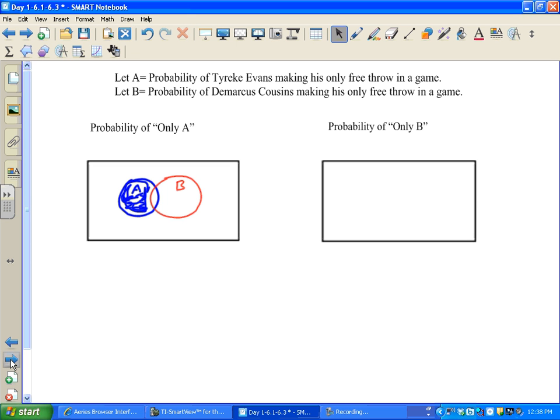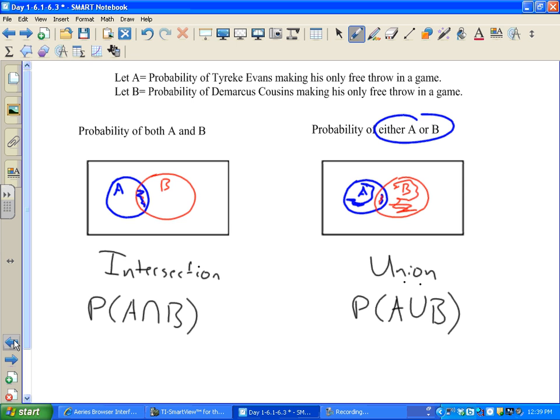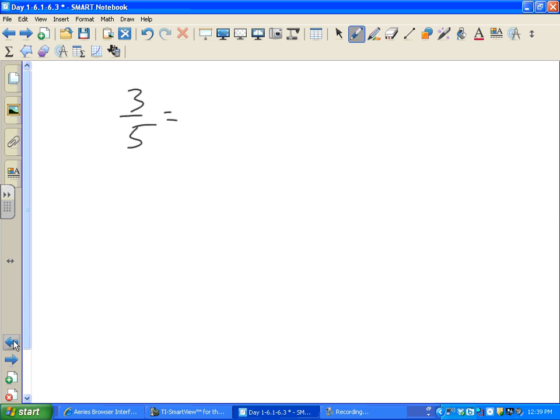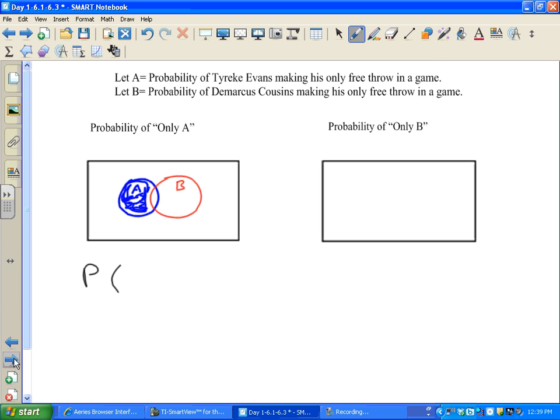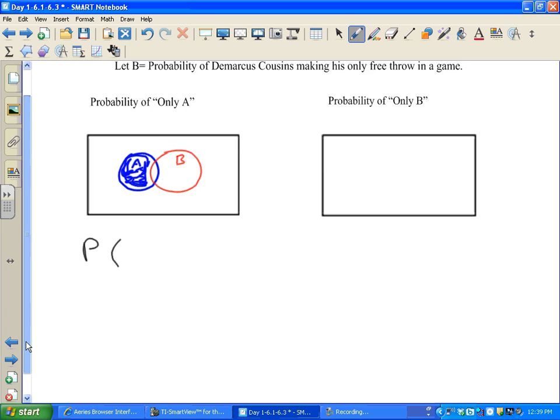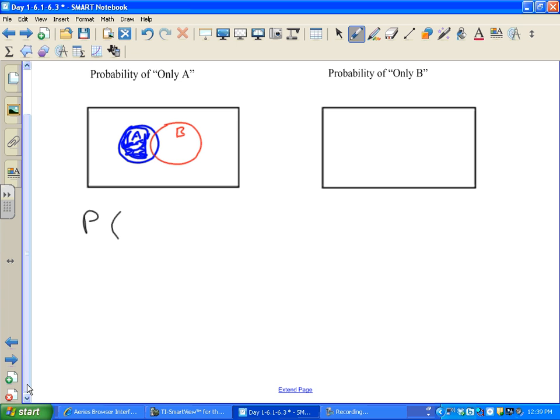Now, the hard part. I want to write this in stats language. Because I showed you what an intersection looks like, that's the probability of A and B. I showed you what a union looks like, which is the probability of A union B. And I showed you this new looking one with A complement, which is not A. So we're looking at the probability of only A. See if you can read my stats right now, and hopefully you'll agree with it.